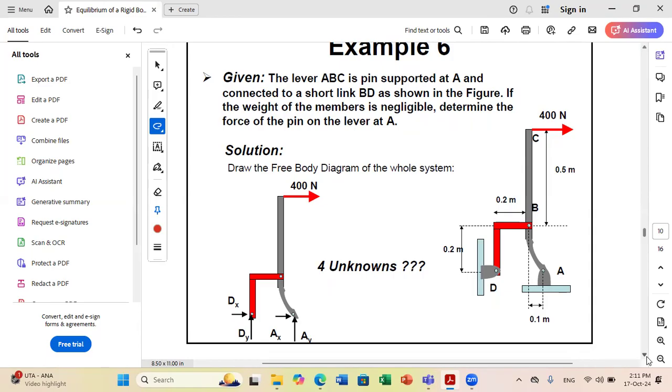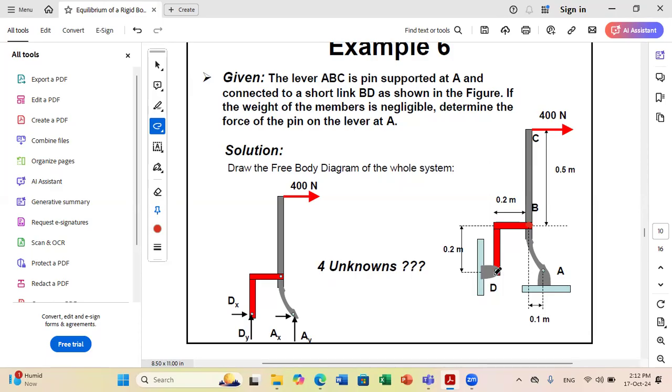In this problem, we have two parts connected together through B. We have member ABC connected to member BD. And we need to determine the external reactions at A and D.